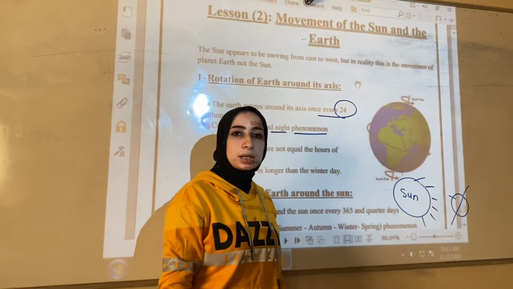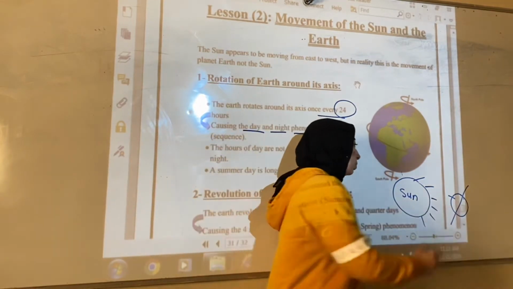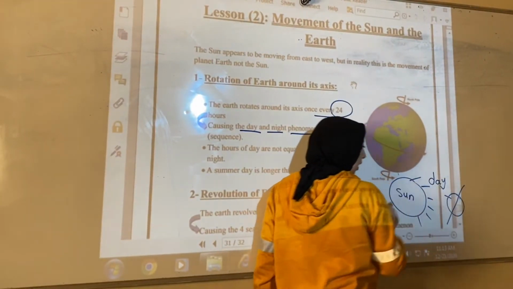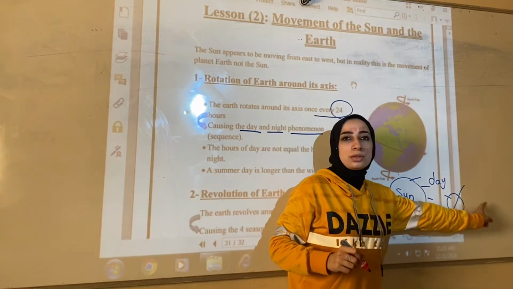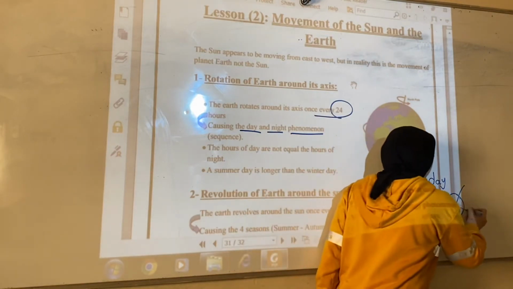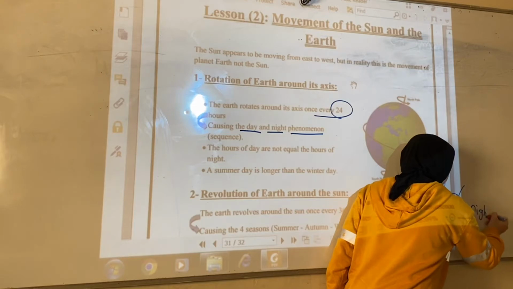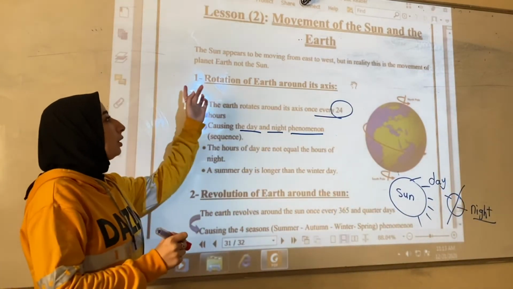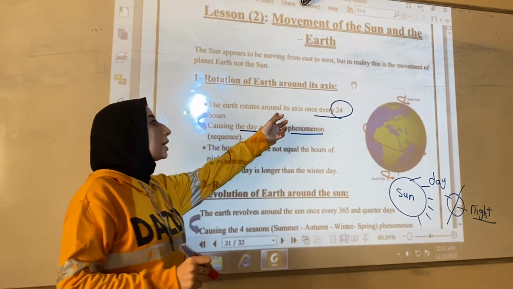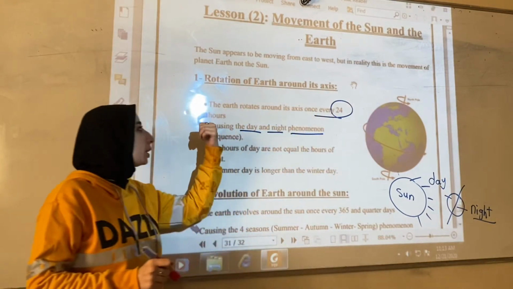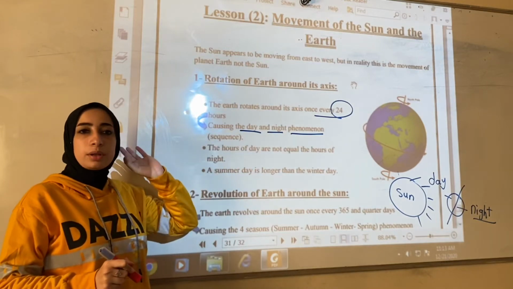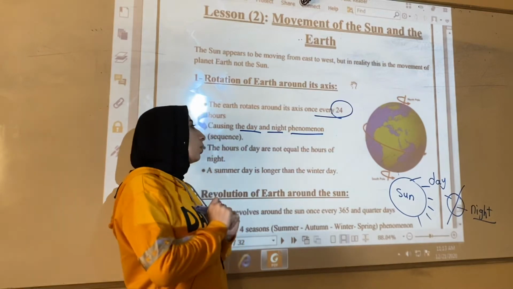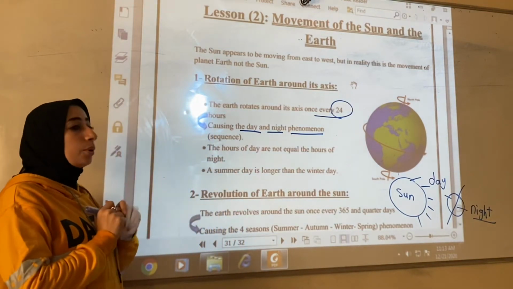Day or night? This part that is facing the sun has day. What about the part that is farther from the sun? Will have night. Okay, so again, the Earth rotates around its axis once every 24 hours, causing an important phenomenon, day and night phenomenon, okay, or sequence, okay?